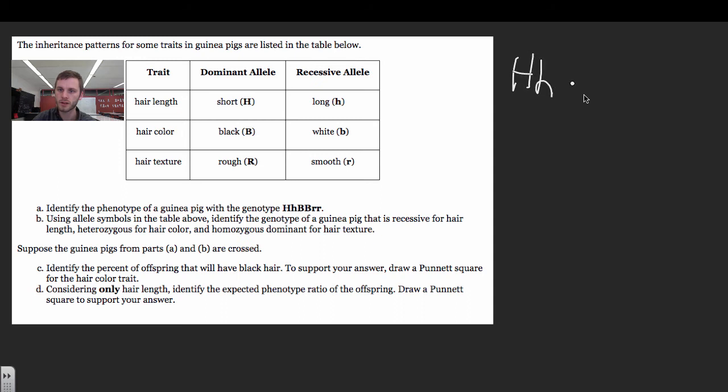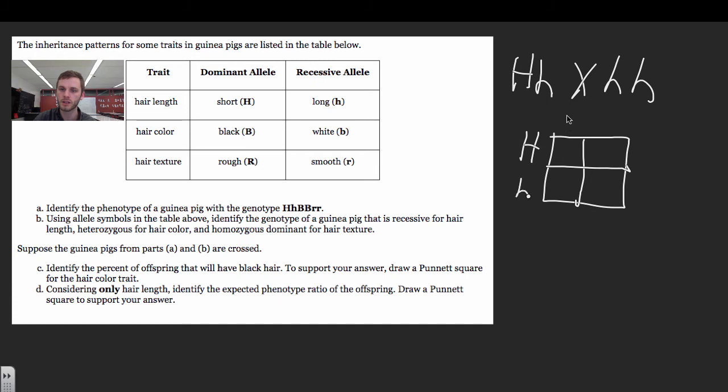Big H, little h crossed with little h, little h. So if we do a Punnett square for that, we put this down the side, big H, little h, little h, little h, and then cross those up. Oops. That's little h, little h.